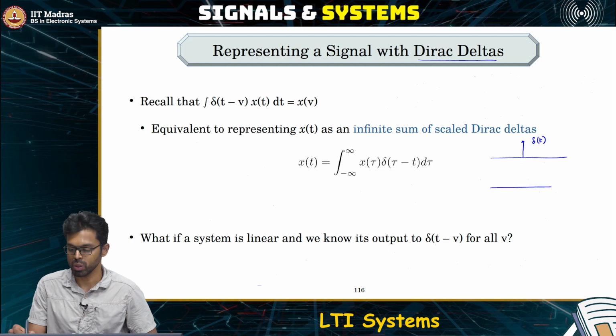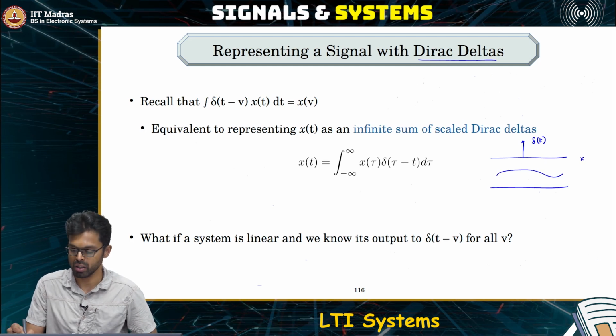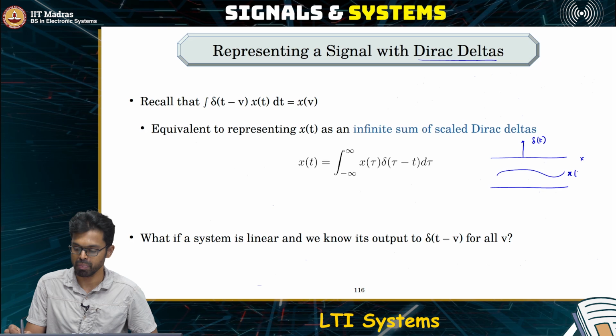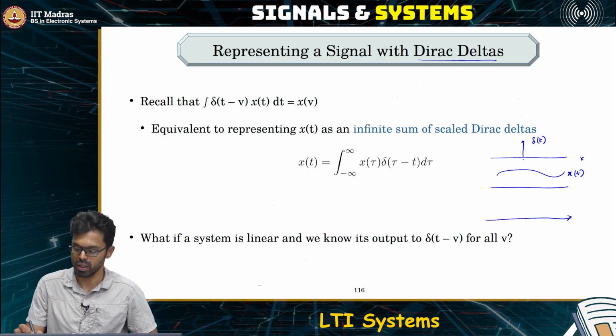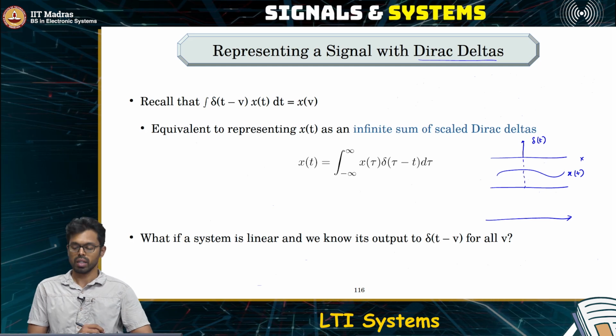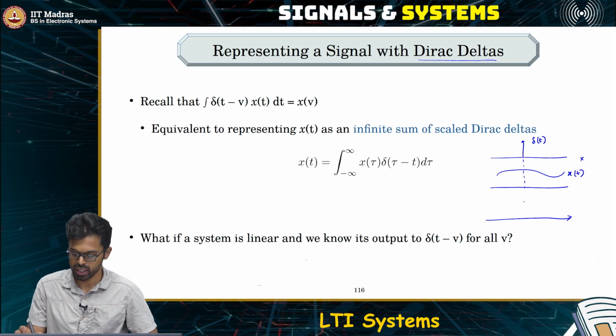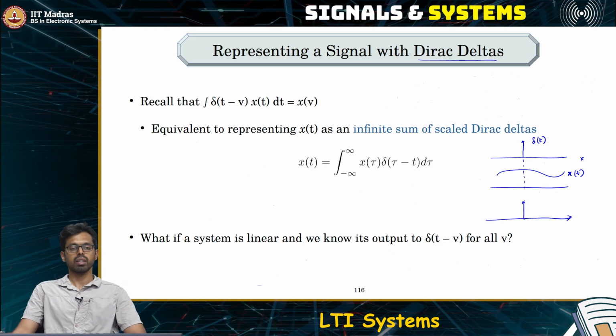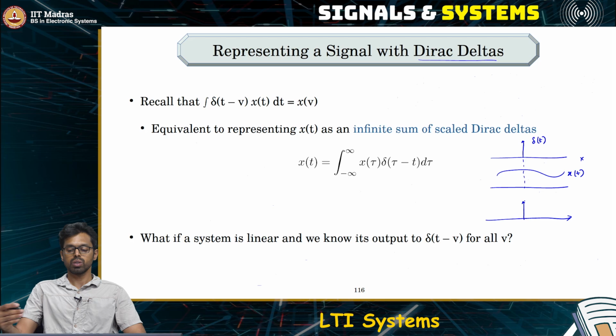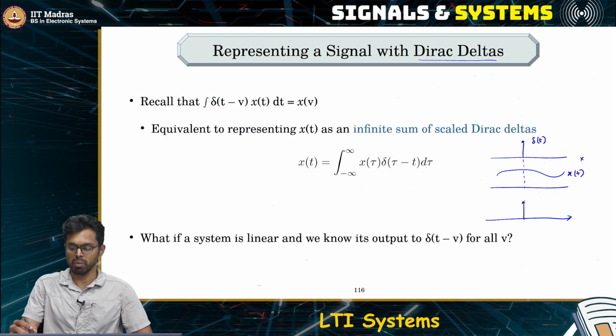Now what happens when you multiply this with some arbitrary function x of t? When the signal is multiplied with the Dirac delta function, you basically get another Dirac delta function, but the area of this product is equal to the value of the signal at that particular point.